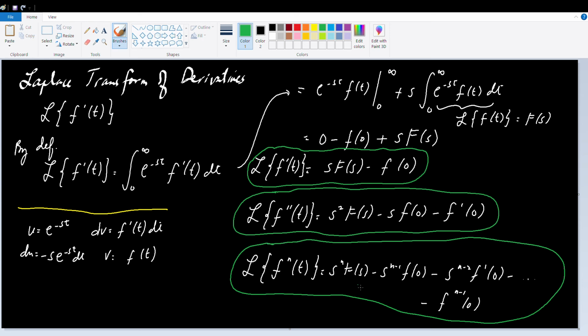So we'll be using this notation in solving differential equations using Laplace transforms.